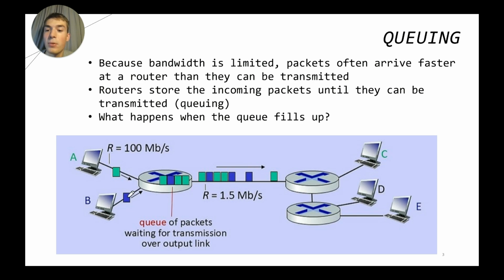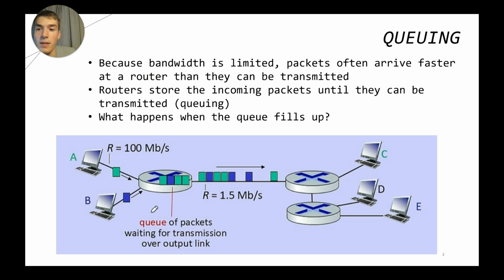And that's going to be an input link on this router. Well, this output link only has a bandwidth of 1.5 megabits per second. And so there's going to be a problem. This data is going to be arriving faster than this router can handle it. And it doesn't help that there's a second computer also sending data.